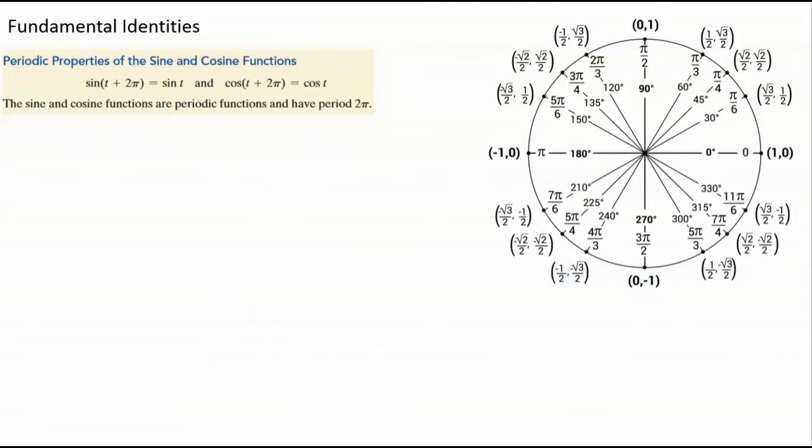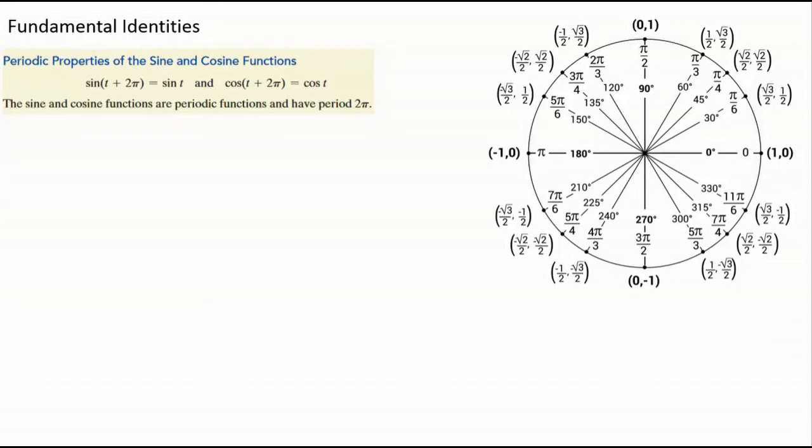All right, let's add to that fundamental identities list. We want to talk about periodic properties of sine and cosine. And here's what we know. Remember coterminal angles, you add 2 pi or you subtract 2 pi. So we know that if you take an angle and you add 2 pi to it, you get the same exact terminal side, which means you have the same values for your x and your y value.